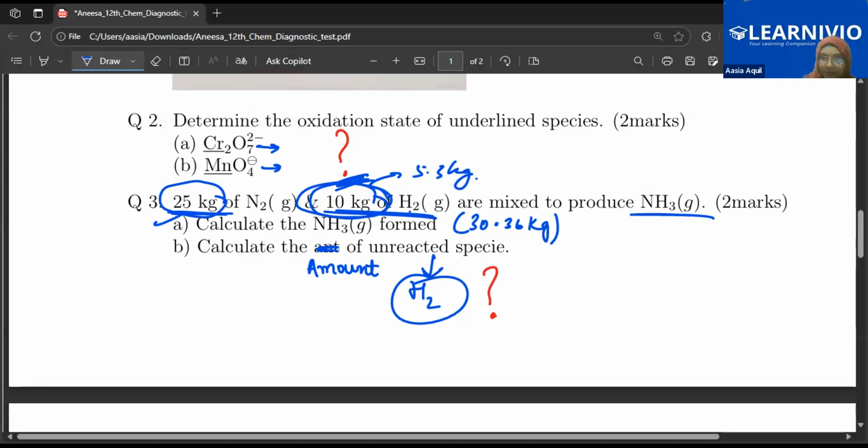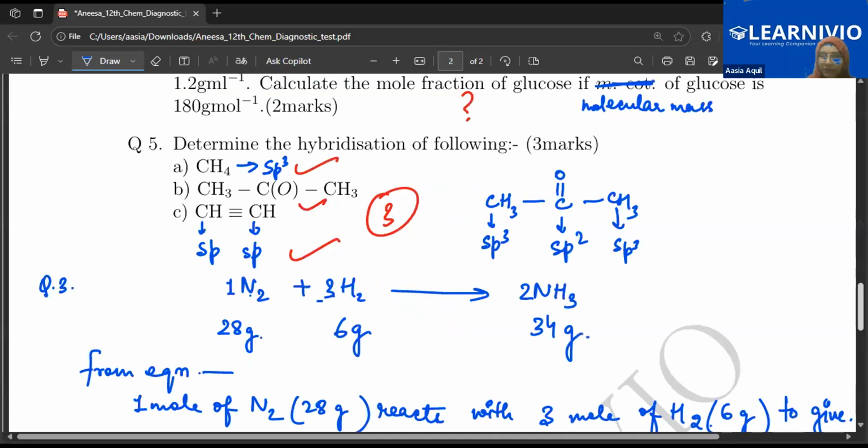So you can write the amount of unreacted species will be 10 minus 5.3 kg. It will give you 4.6 kg something. But first you can find it in grams, and after that you can convert it.